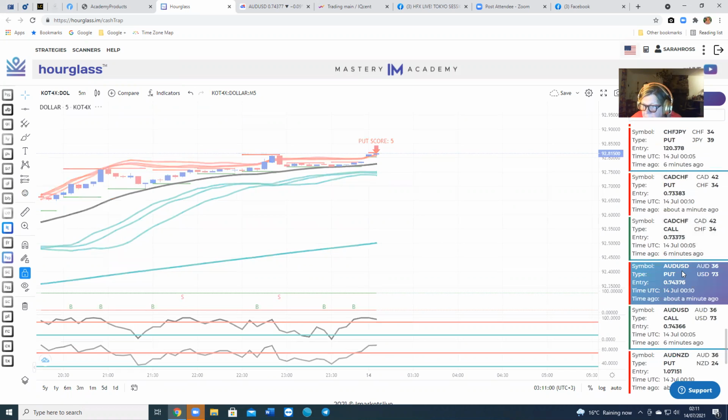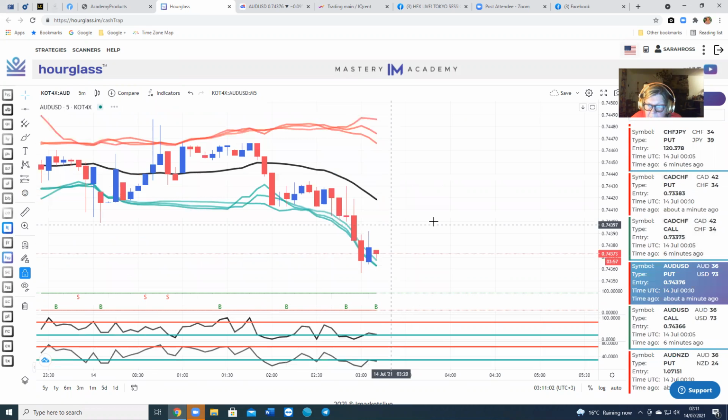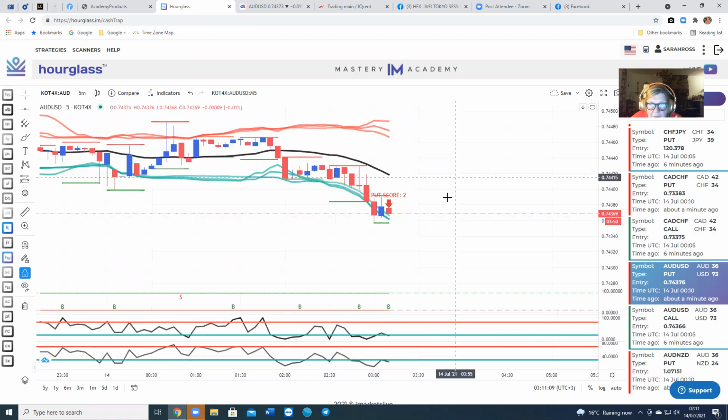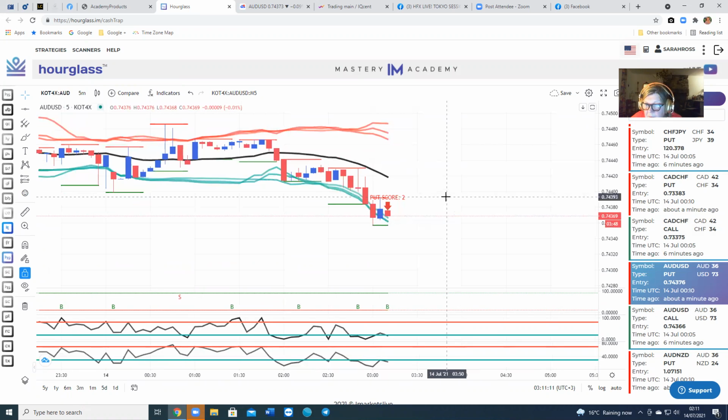It's given us a put at 376. I want it up at 395, which is that level there, that red line of resistance there.